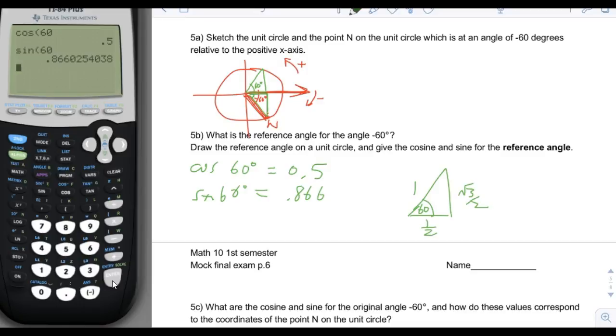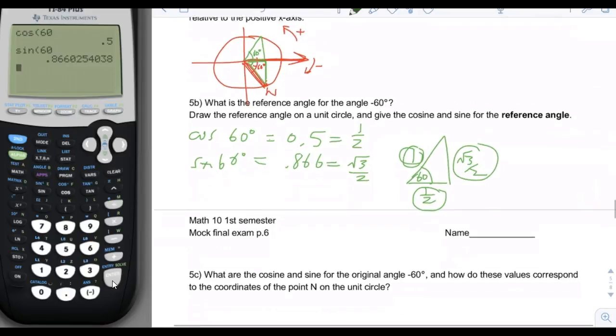So we know that the cosine of this would be the adjacent divided by the hypotenuse, which is 1/2, and the sine of this would be the opposite divided by the hypotenuse, which would be square root of 3 over 2 divided by 1, which is just square root of 3 over 2. And square root of 3 over 2 is 0.866, and 1/2 is 0.5.